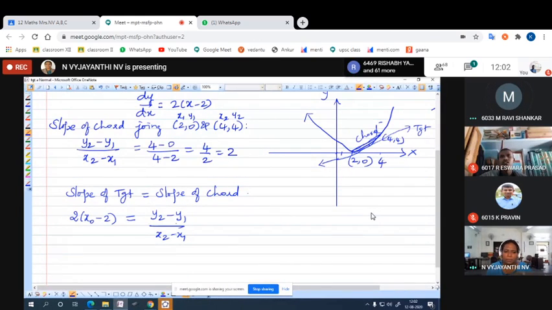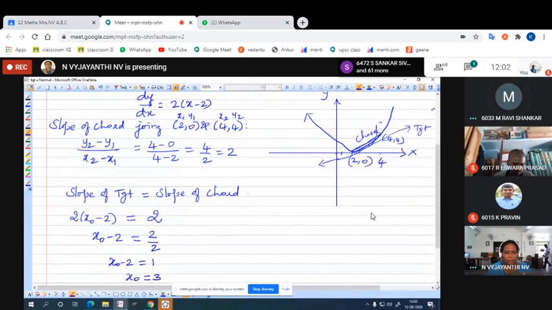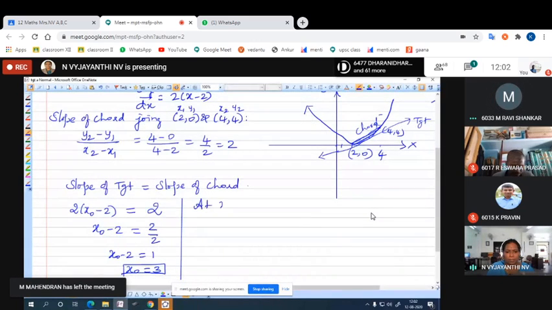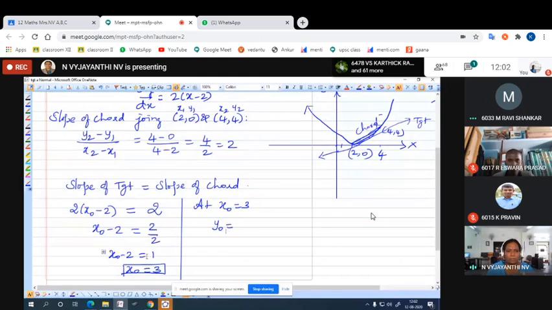That is 2. So instead of the slope of the chord, what do we have to apply? 2. So 2 into (x naught minus 2) is equal to 2, so x naught minus 2 is equal to 1. So what is x naught? 3. So x naught is equal to 3. If you know x naught, can you find y naught? At x naught equal to 3, y naught is equal to what?